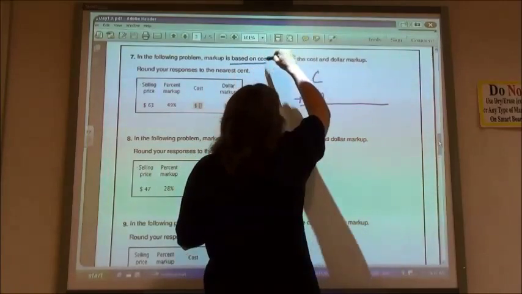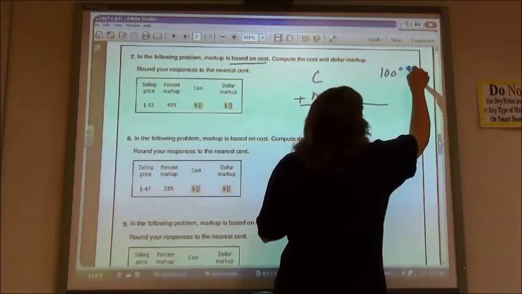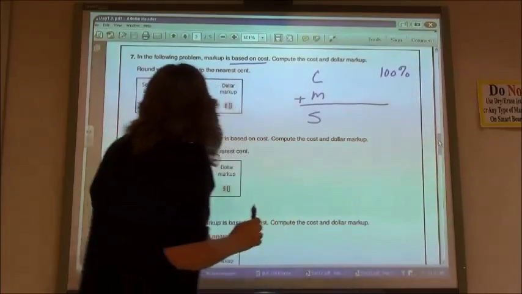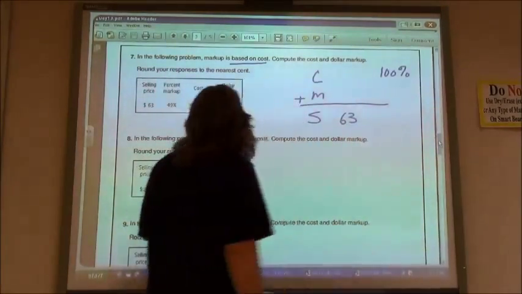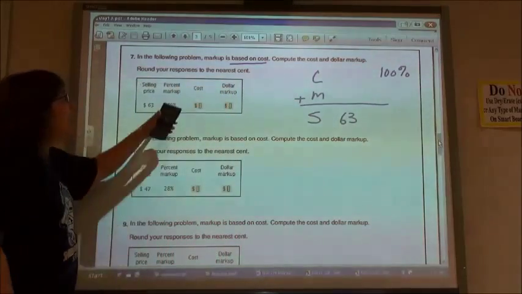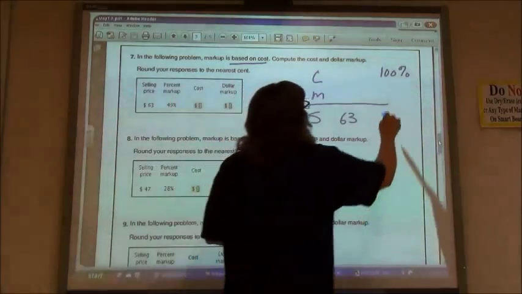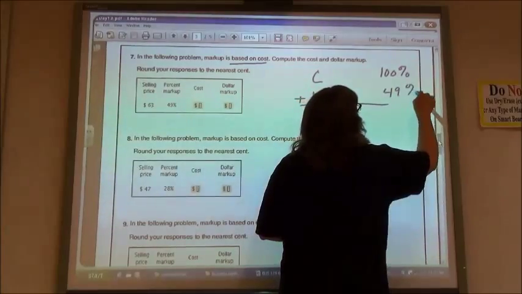It is based on the cost, so my 100% goes here. I don't know what the cost was, I know what the selling price was. The selling price was $63. I also know what the percent markup was, 49%.